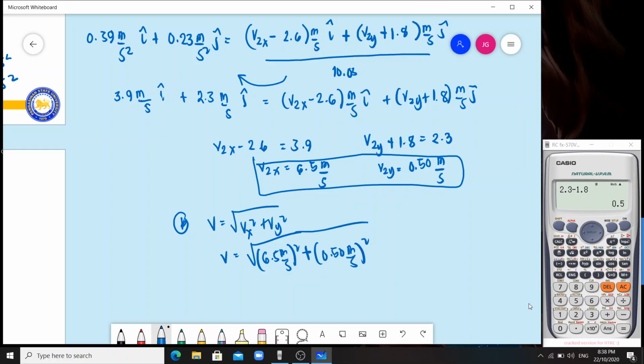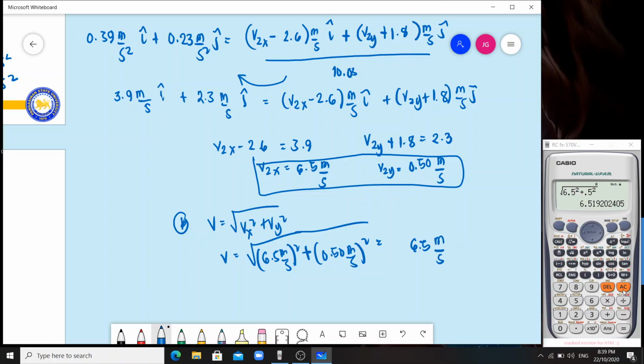Ayan. So V is 6.5 squared plus 0.5 squared, equivalent to 6.5 meters per second.